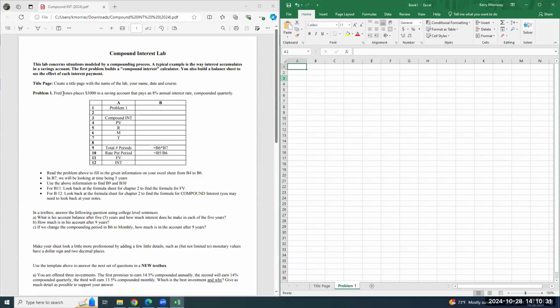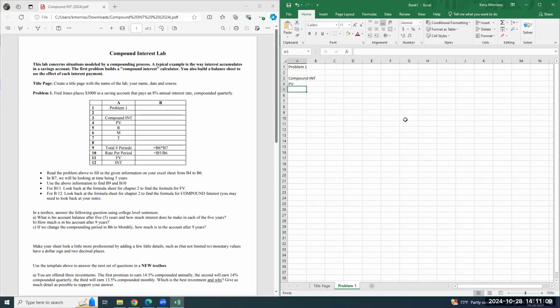It says Fred Jones places $3,000 in a savings account that pays an 8% annual interest rate compounded quarterly. So it gives us this template, which we're going to follow. So we have problem 1. And then in A3, we have the word compound interest.